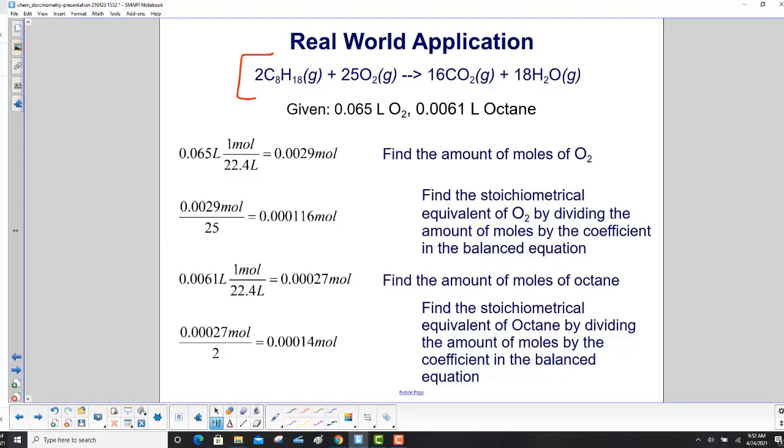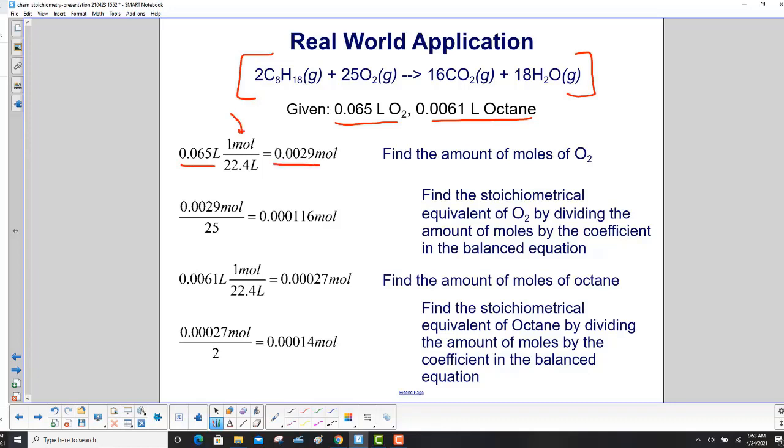Here's our reaction. Octane plus oxygen yields carbon dioxide and water, and we're given 0.065 liters of oxygen and 0.0061 liters of octane. So the first thing we have to do is find the amount of moles of oxygen. So we have 0.065 liters of oxygen, and 1 mole will be 22.4 liters.